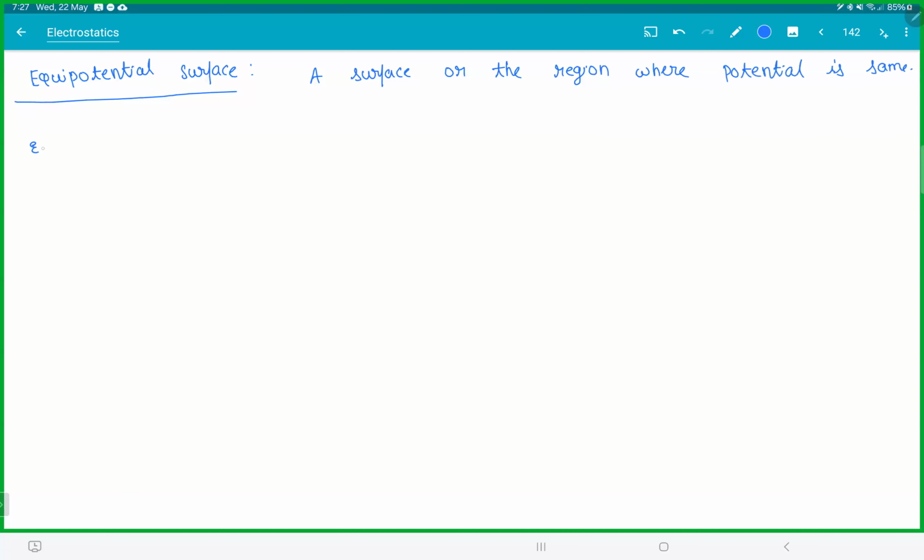So for example, if you take a shell, the entire inside V is KQ by capital R. This is an equipotential region. The entire region has same potential.